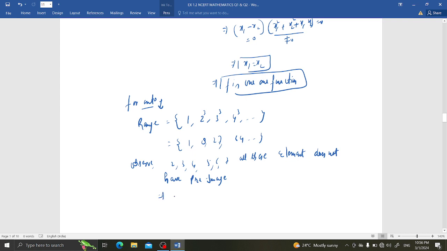It implies the range of f is not equal to the codomain set, implies f is not onto. Okay, so I hope you understand.